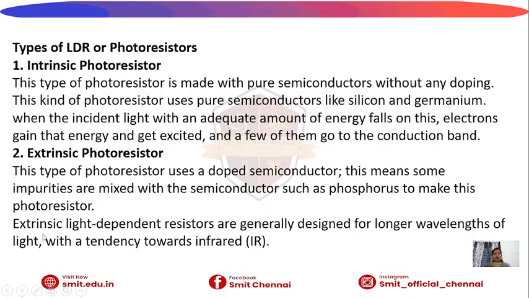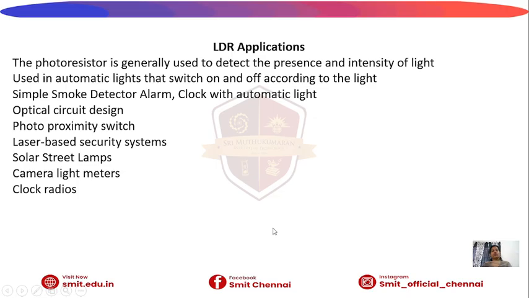Extrinsic light dependent resistors are generally designed for longer wavelengths of light with a tendency towards infrared. The intrinsic type uses a pure semiconductor like silicon and germanium, but in extrinsic some impurities are added to make it respond to longer wavelengths of light. These are the two types of LDR.